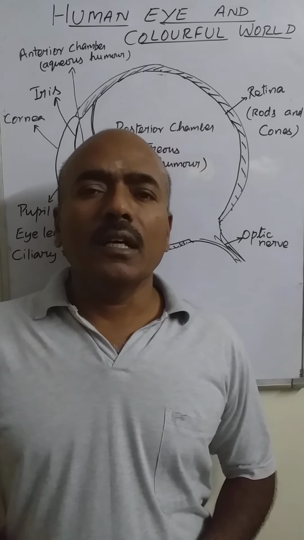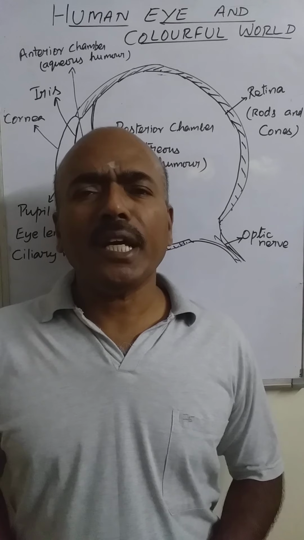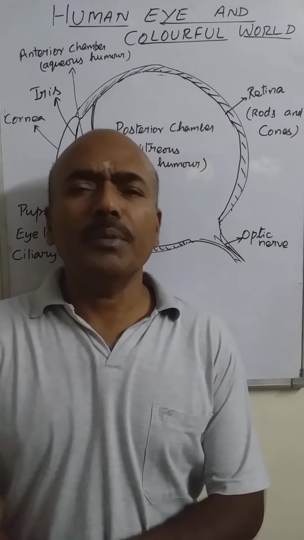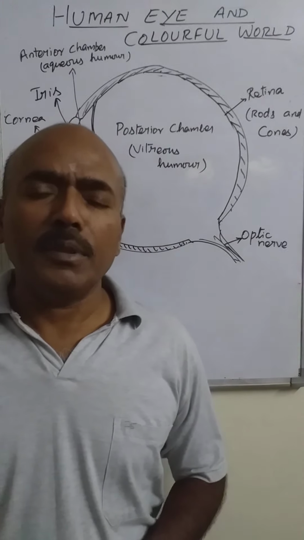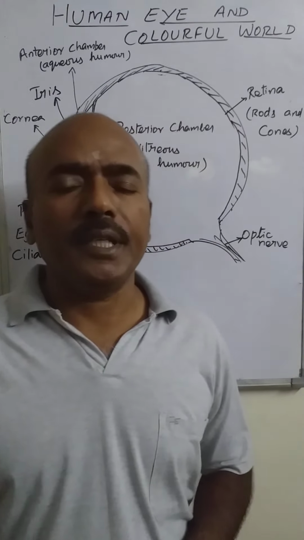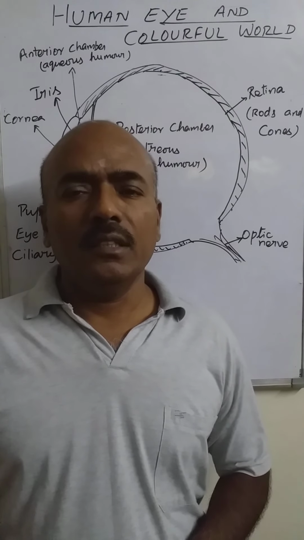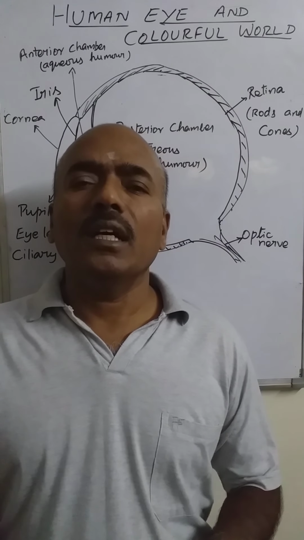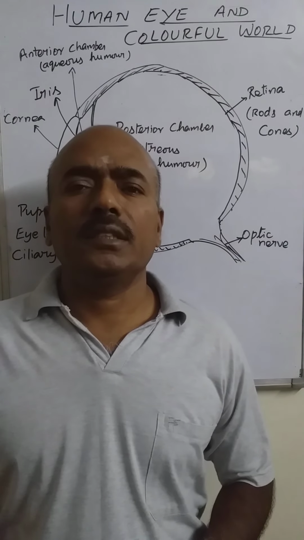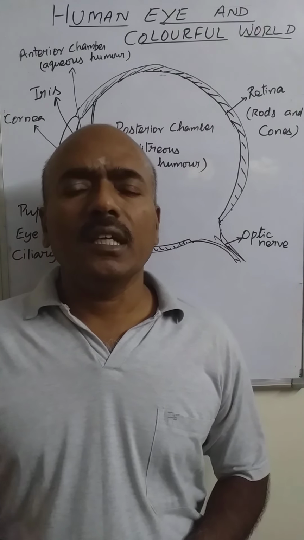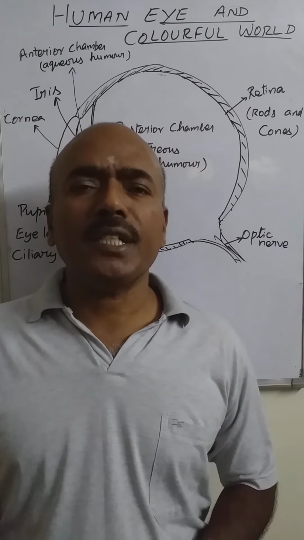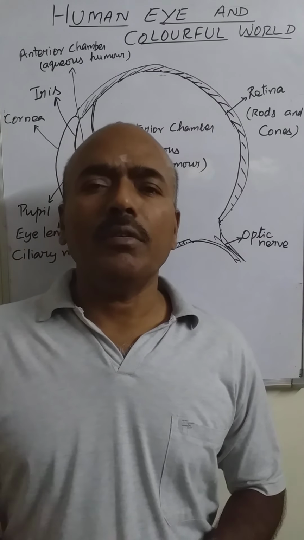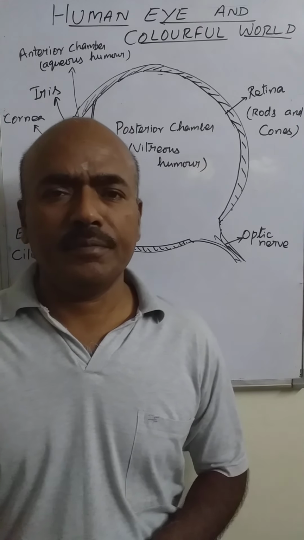So we can say the human eye is one of the optical instruments. There are so many optical instruments, among which the human eye is one. So here we are going to discuss the structure of the human eye, its function, how it is working, and what are the functions of different parts in the human eye.